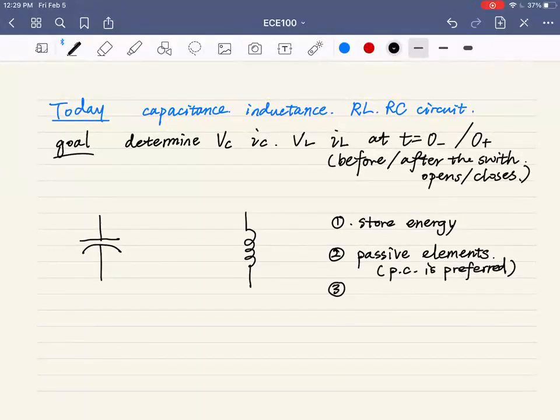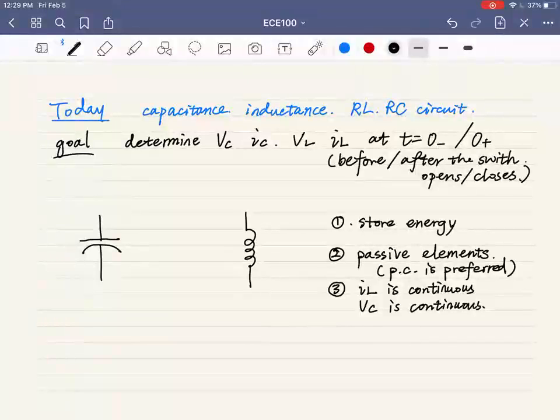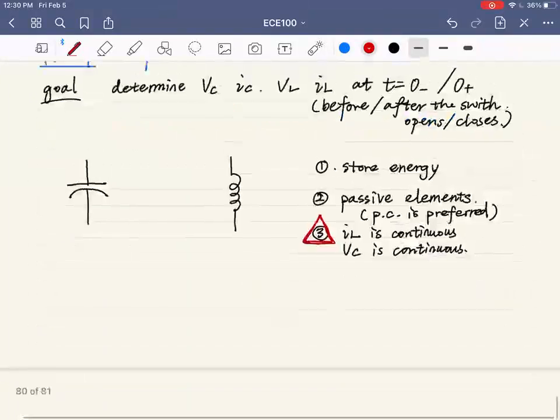And 3, their property, like IL is continuous and VC is continuous, which means that they will not sharply change. Okay, and this is extremely important. It helps us to determine their status before and after the switch change.